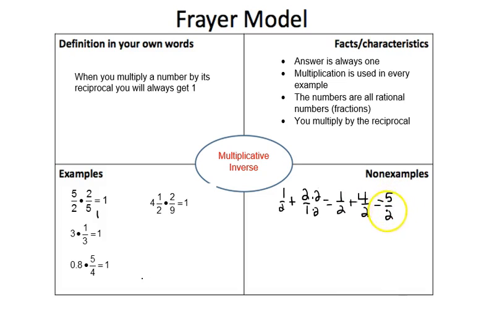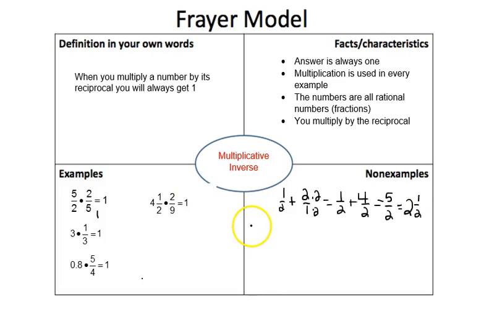Right now it's an improper fraction. If I were to change that to a mixed number, 2 goes into 5 twice, which is 4, so there would be 1 left over. 2.5 is not the same thing as 1. Remember, the product has to be 1 for this property.